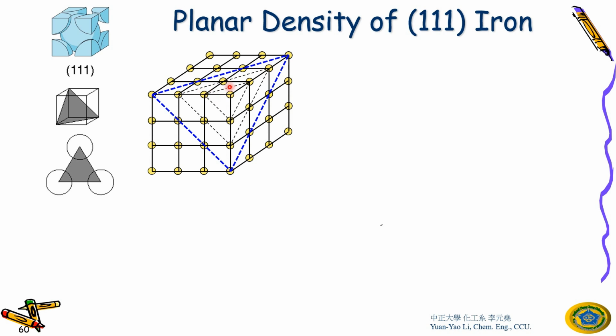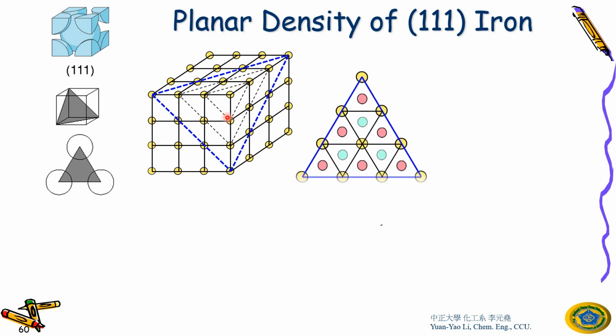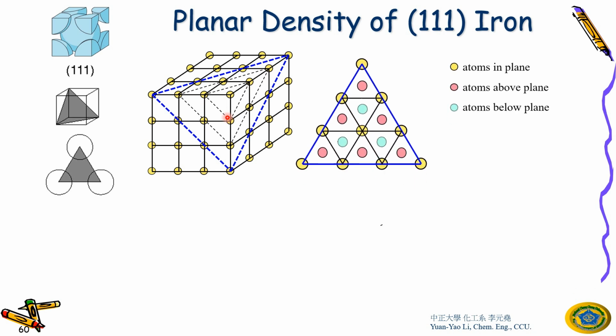This is the unit cell, right? And 111 is this. Is this plane a repeat unit? No, it's not. So you need to take this plane out. The blue dotted line here is this one.